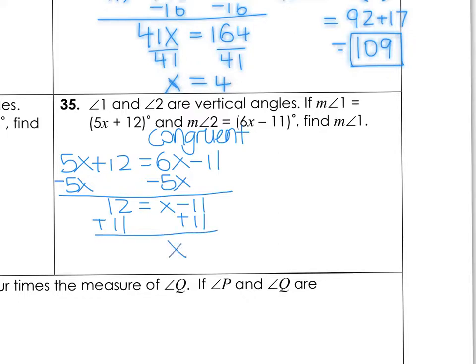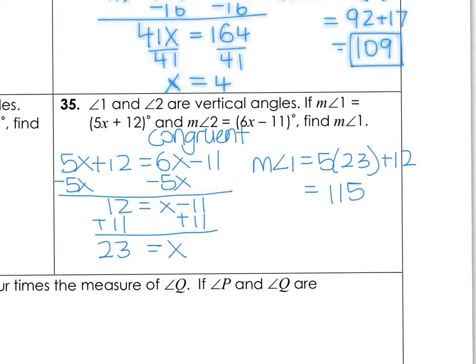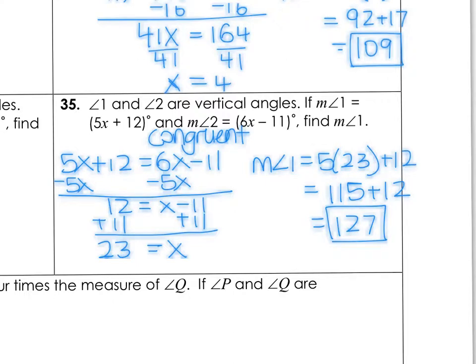Add 11. And it wants to know the measure of angle 1. So 5 times 23 plus 12. And if you put that in for angle 2, you should get the same answer since we know that both of those are equal.